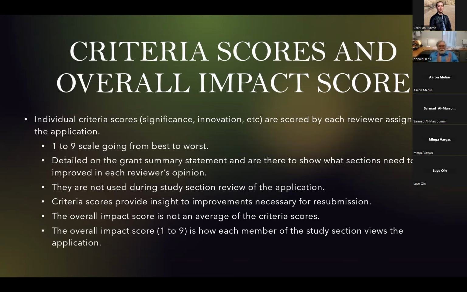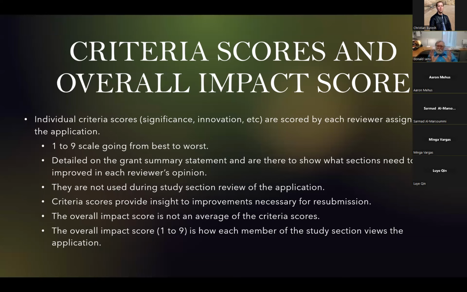And these are detailed on your grant summary statement, okay? They are not brought up during the review of the grant, those individual scores. Those are from your primary, secondary, and tertiary reviewers, and they tell you what each reviewer thought of all of those 5 sections. But they do not come up to the table on the review of the application.